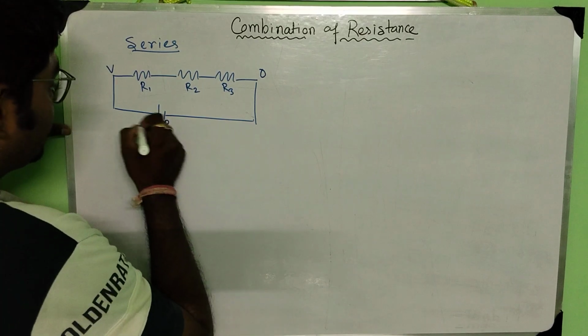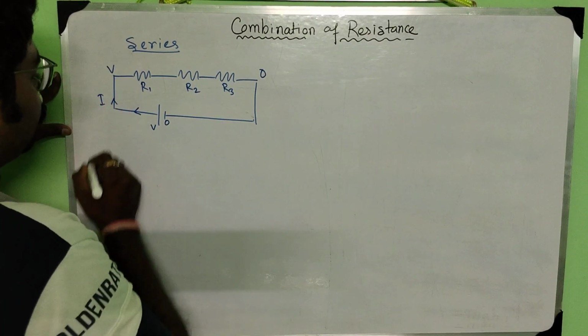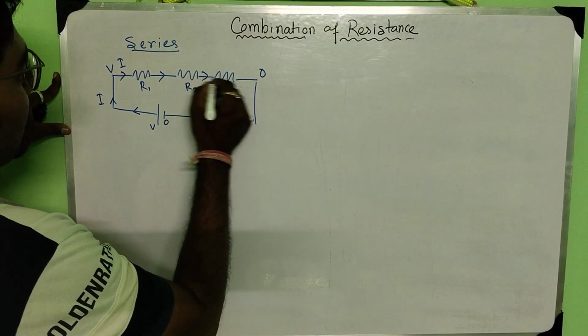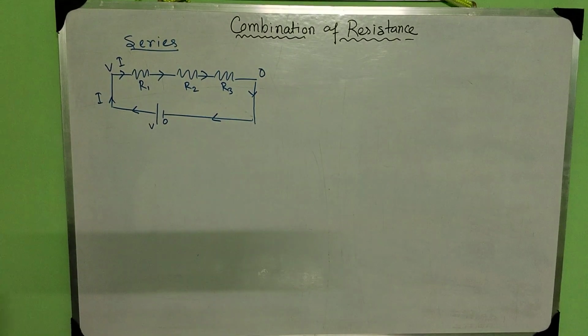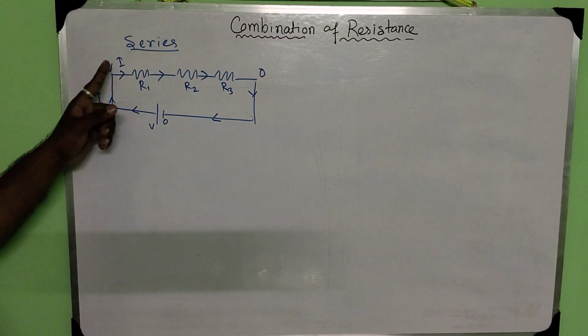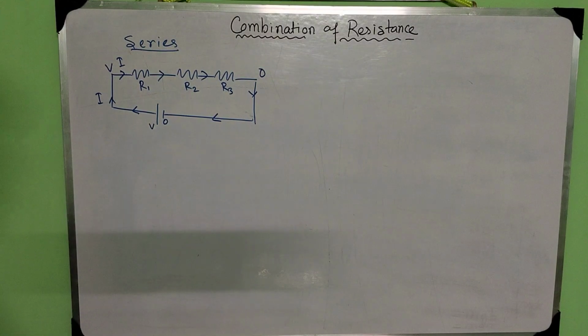This battery will drive a current. And from class 10 we know that in case of series combination, the current in each resistance is the same.